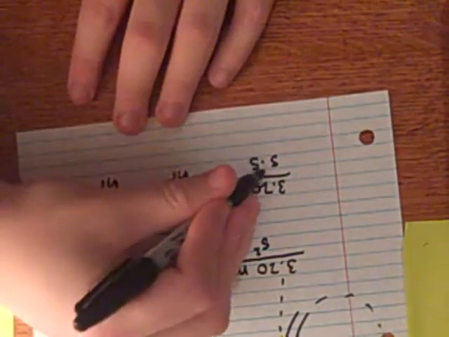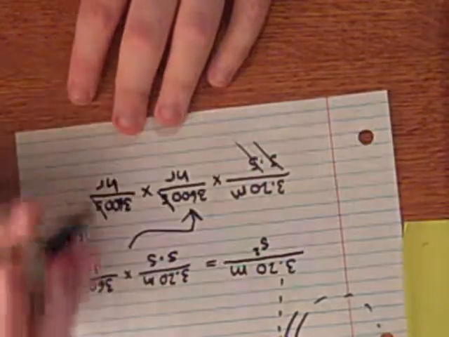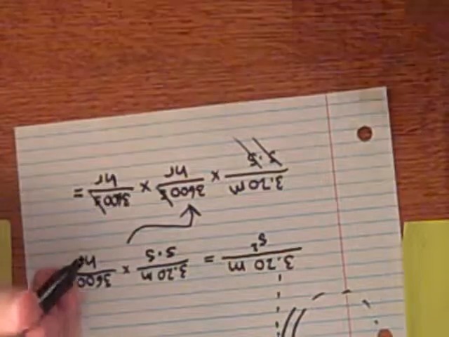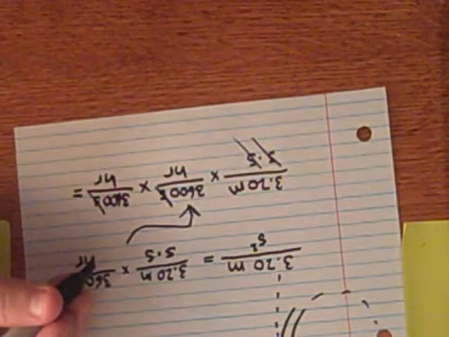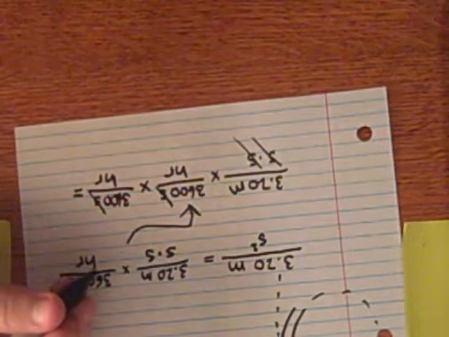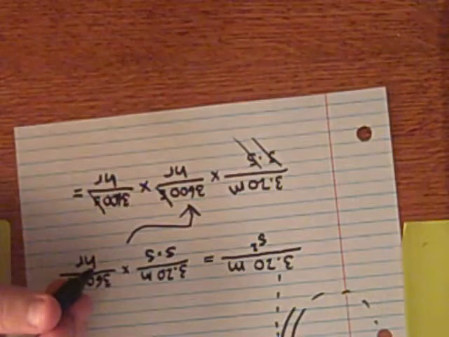See, this second will cancel out that one. This one will cancel out that one. And what that gives us is times 3,600 times 3,600.